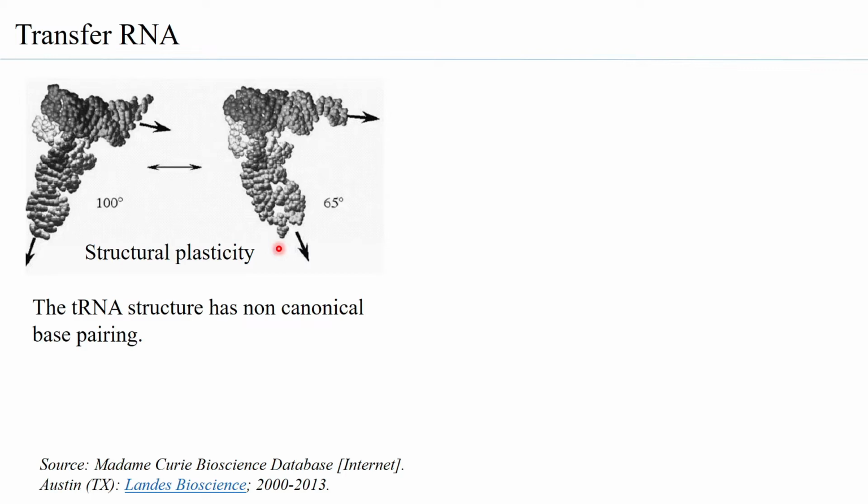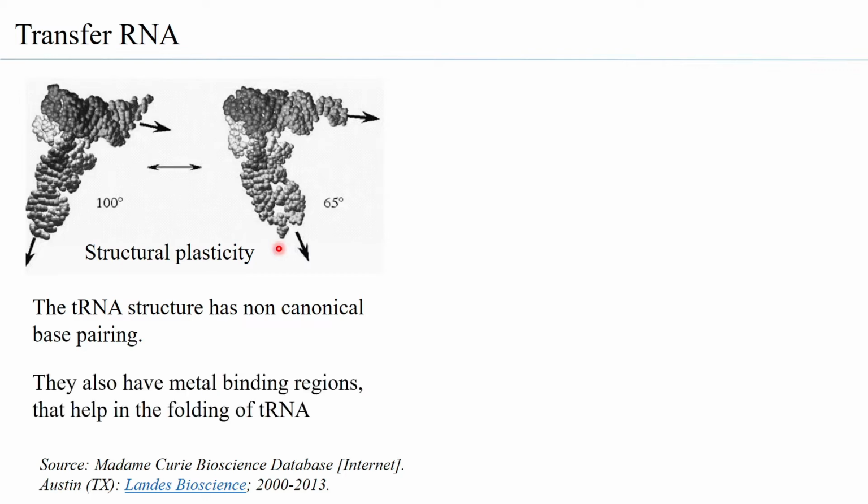And so the higher order structure that you observe in tRNA is also attributed to the presence of several non-canonical base pairs. They also have, interestingly, what are called metal binding regions. And these metal binding regions, in fact, help in the folding of RNA.